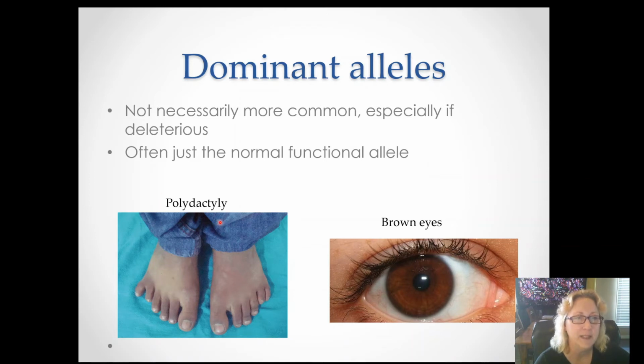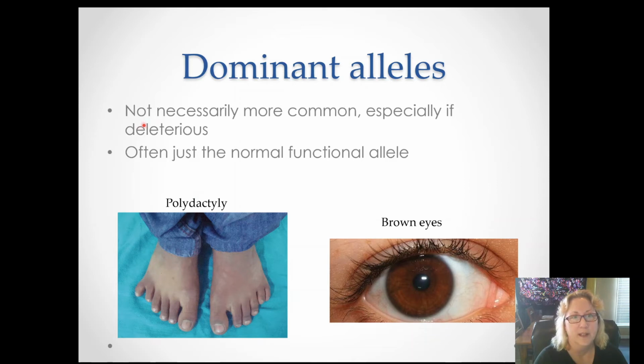Here's another old-fashioned word that's gotten frozen in biology, and we especially use this in genetics: the word deleterious. Deleterious means it's bad. So a deleterious allele is a harmful allele.